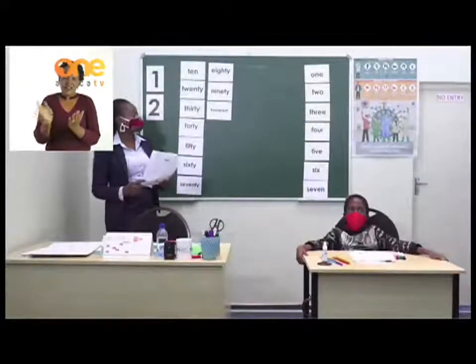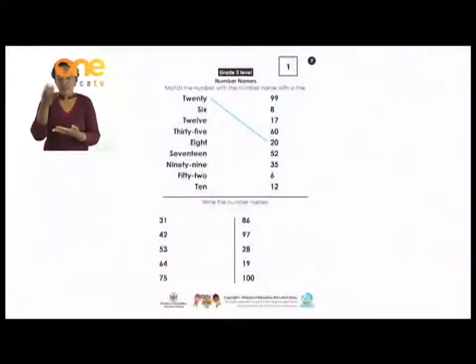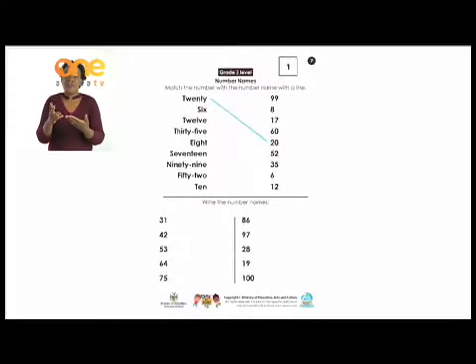Let's now turn to page 7, where we are going to talk about number names. This work is for grade 3s. And before we start matching, we want to know how to write these numbers in words.